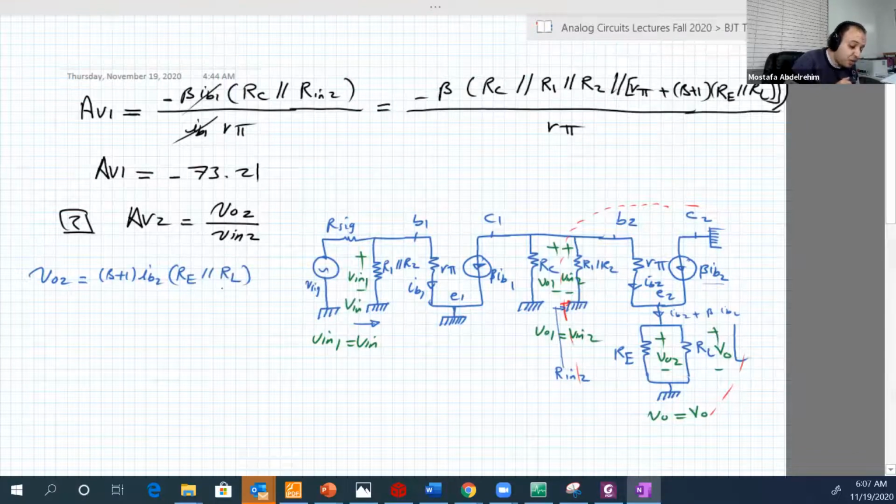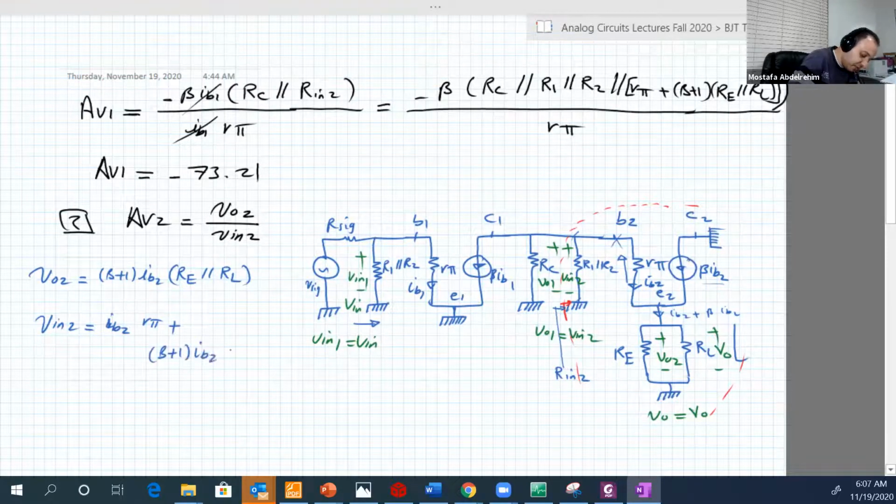And V input 2 is the voltage across R1 parallel R2, from that point to ground, which is the voltage of R pi and VO2. So V input 2 is actually equal to IB2 R pi plus VO2, which is beta plus 1 IB2 RE parallel RL.